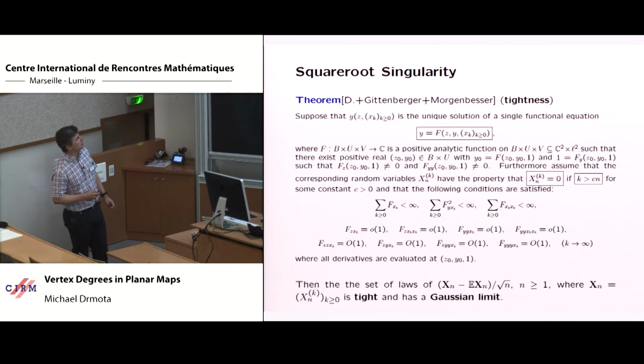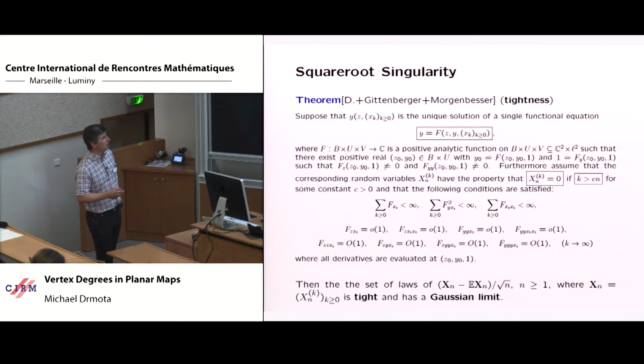So where is it written? So you have x and k, so it's the random variable related to this. Then, if you have some conditions on the derivatives of this function at some special point, it follows that the random vector, or the laws of this normalized random vector, is actually tight.